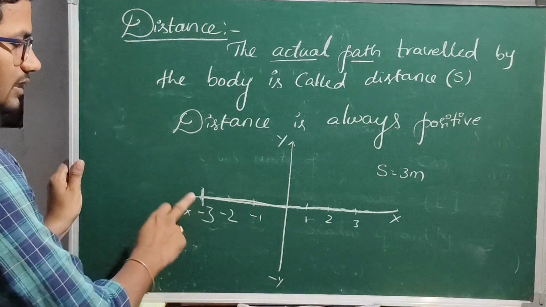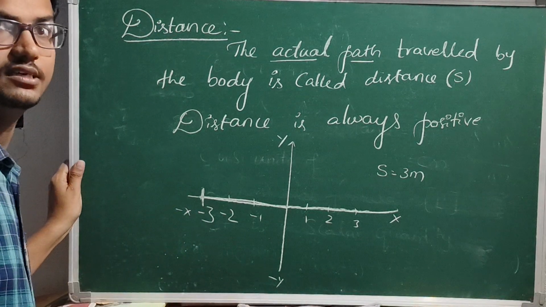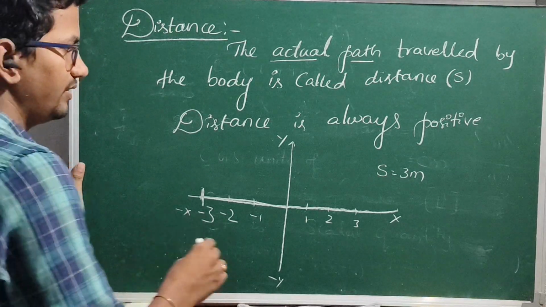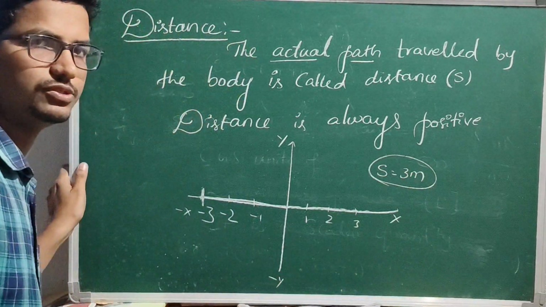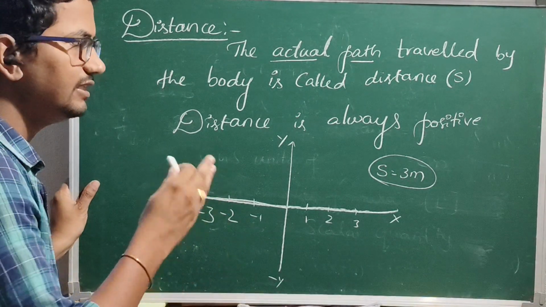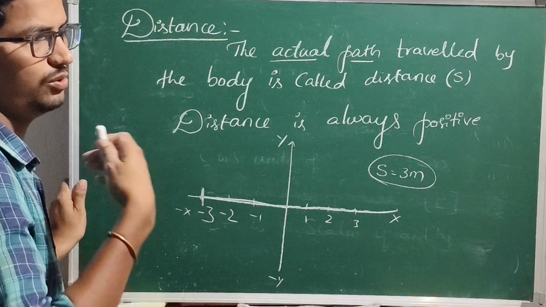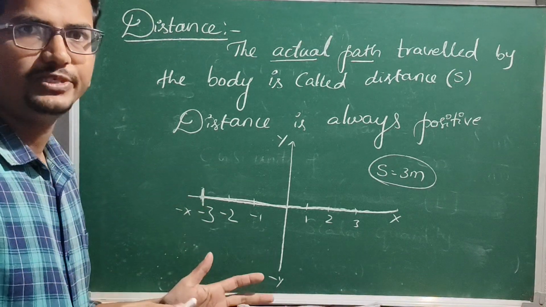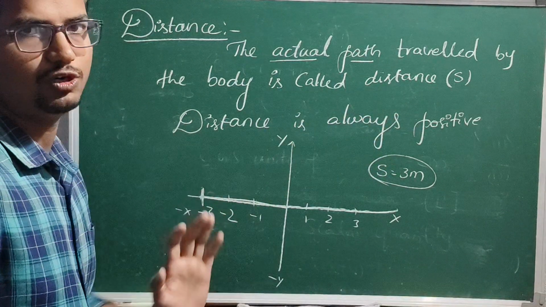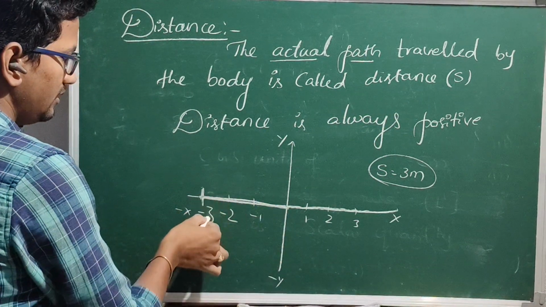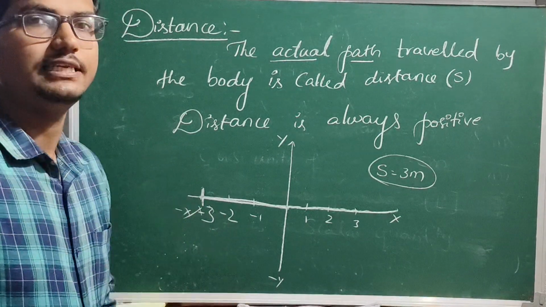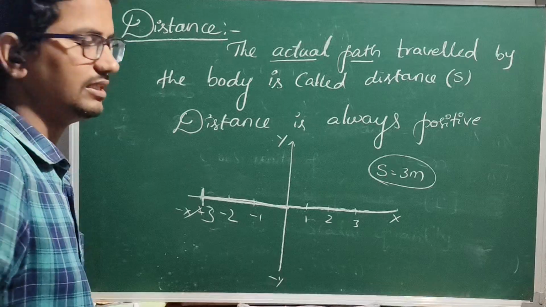No need to consider the direction, plus or minus, because distance is a scalar quantity. That's why it is always positive. When the position does not change, the distance is zero. Otherwise, the distance is always positive. If the person is walking to -3, the minus is not considered because only magnitude counts.